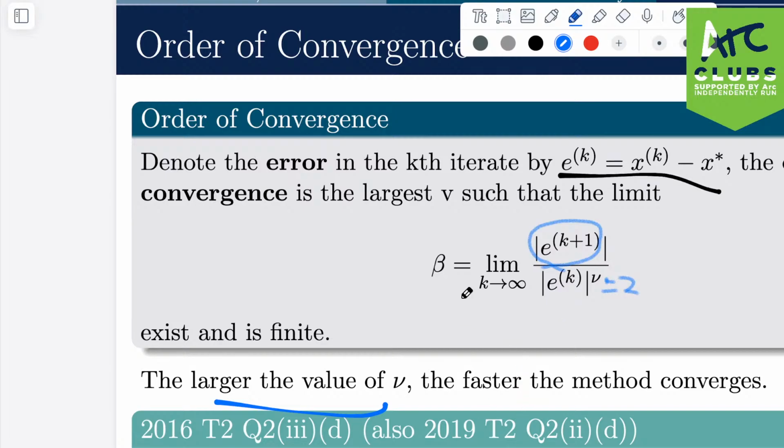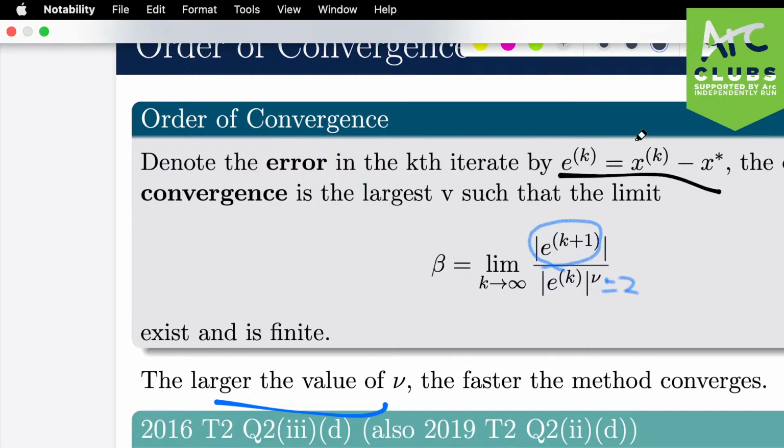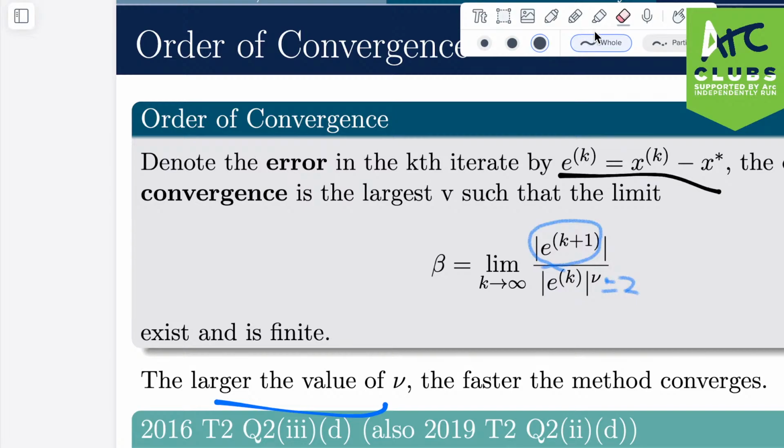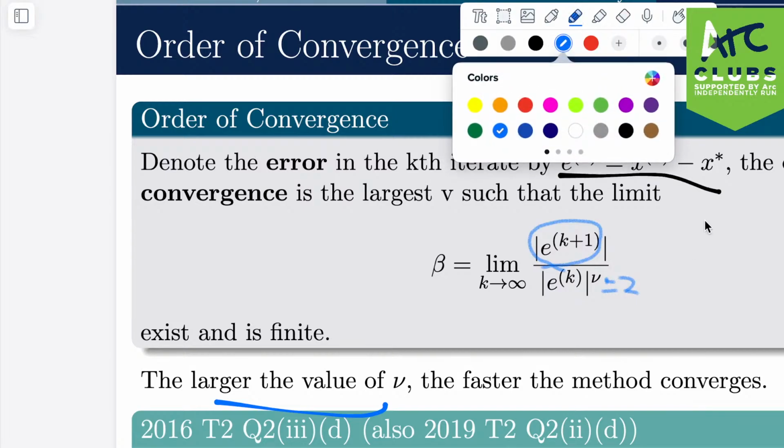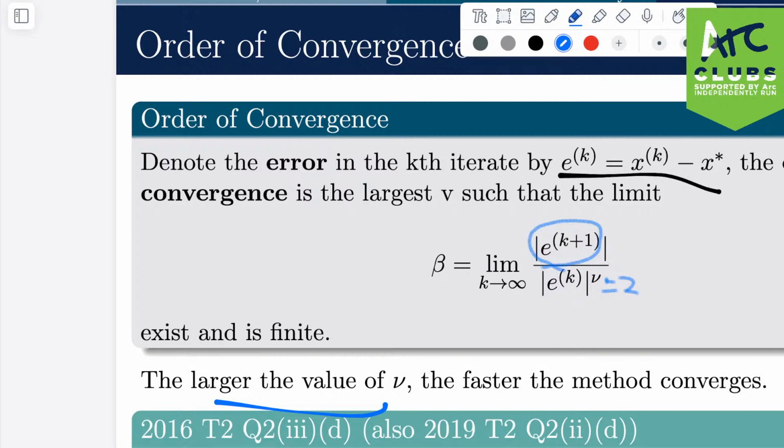So the first thing is we want to know beta, because we have this approximation that the error of the (k+1)th iteration is approximately just beta times the error of the kth iteration to the power of 2.